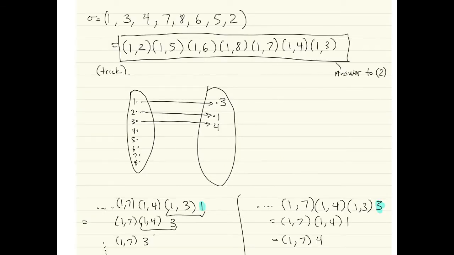Okay, so I've copied over what sigma is, and we've got to express it as a product of transpositions. There are many ways to do this, and here's a trick that gives one way that works in general.